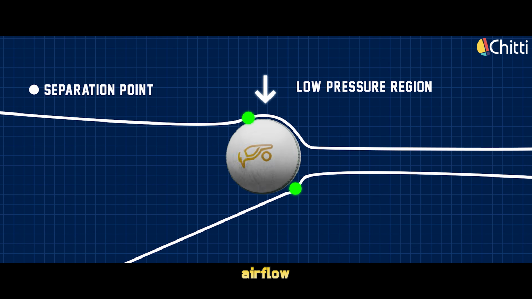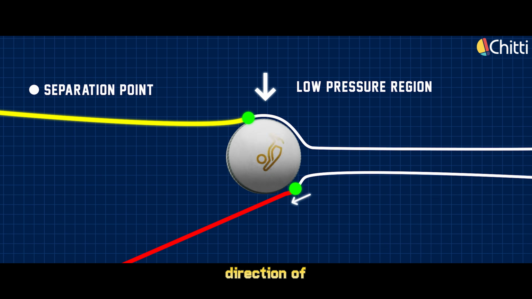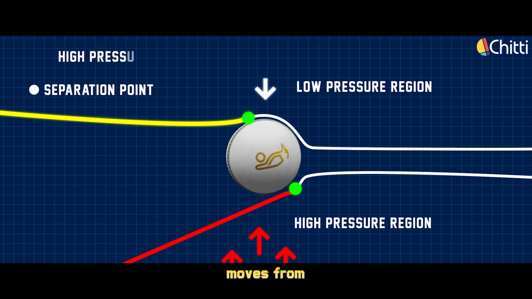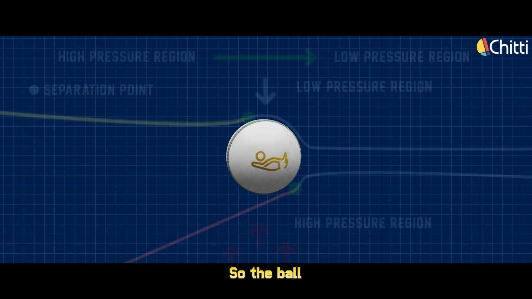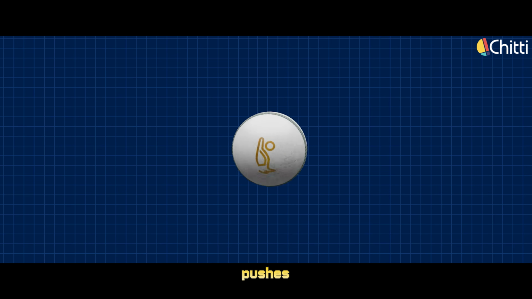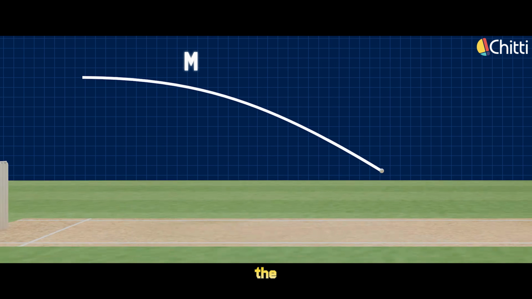But the airflow separates earlier on the lower side of the ball because the ball is rotating opposite to the direction of the airflow, creating a high pressure region. We know air moves from high pressure to low pressure region, so the ball moves up. Here, the pressure difference along with the reaction force pushes the ball up, allows it to float for a bit and then dip. This is called the Magnus Effect.